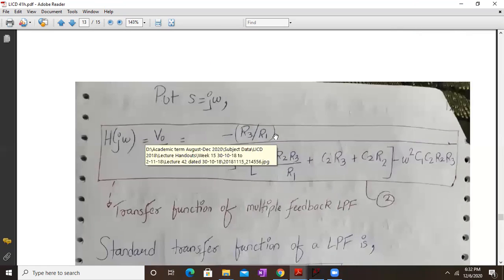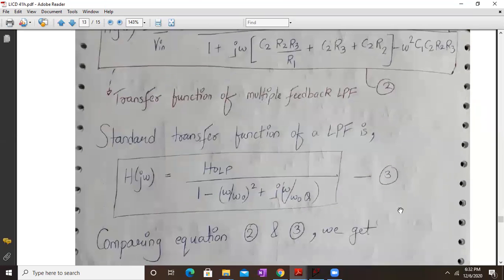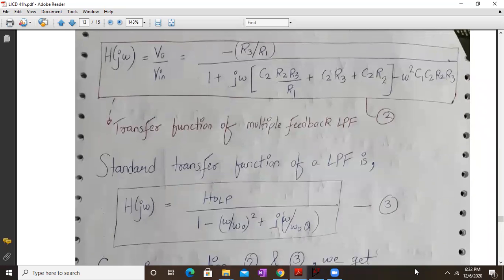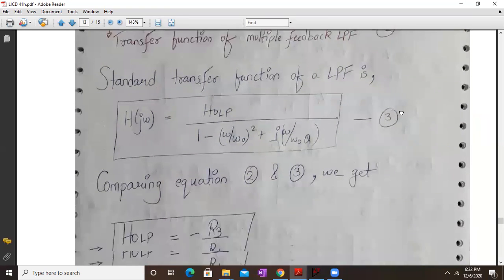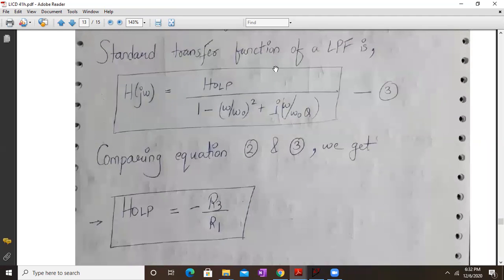So this is my transfer function of a multiple feedback low pass filter. Now if we compare this with the standard transfer function of a low pass filter, it will be HOLP divided by 1 minus omega upon omega naught square plus 1 upon omega naught into Q. So we'll compare this one by one, and HOLP will be directly minus R3 upon R1 without any effort.